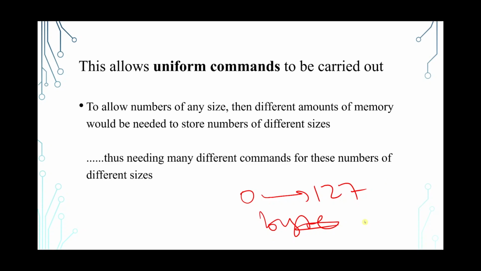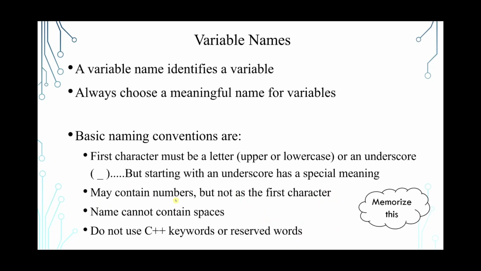If I know that I need a number up to like 2 billion, then I use int. If I need just to store characters, the character is represented by 8-bit size. So I use 1 byte for it. So thus, needing many different commands for these numbers of different sizes.